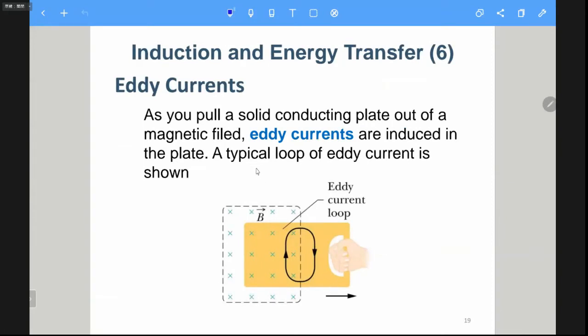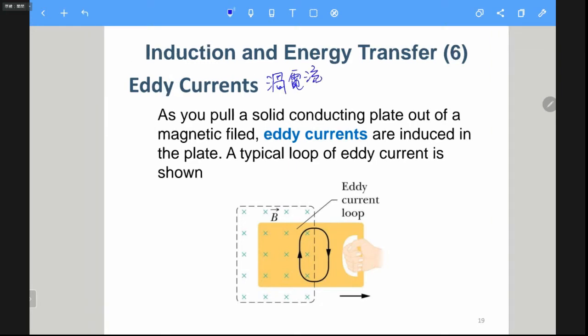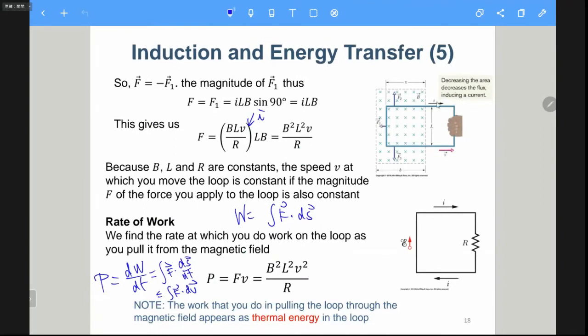So next, we consider something called the eddy current, 涡电流. For the previous page, we pulled out a loop, so the current had a predefined path to go.